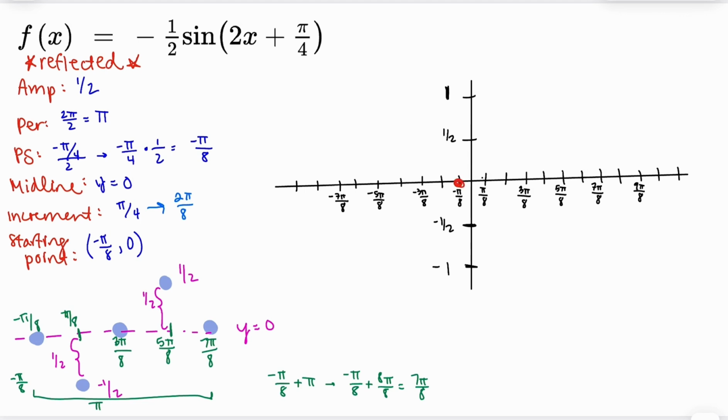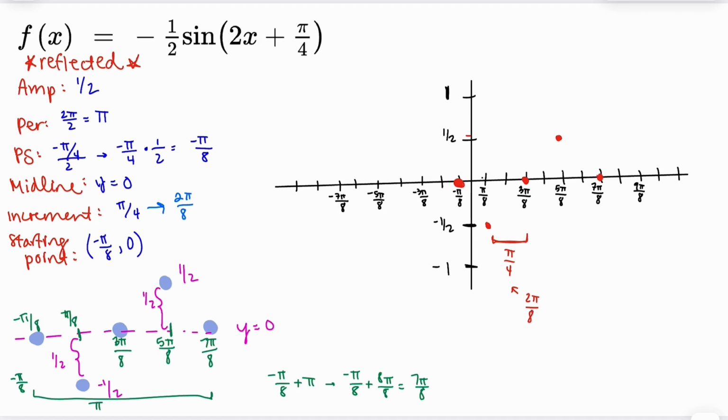It's going to be at 0. And then I'm going to go an increment, which is a jump of 2, and I'm going to go down because it's been reflected. I'm going to go an increment, which is a jump of 2, and I'm going to go middle. I'm going to go an increment, which is a jump of 2. This distance here is pi over 4, but we're thinking of it as 2 pi over 8. I'm going to go an increment here.